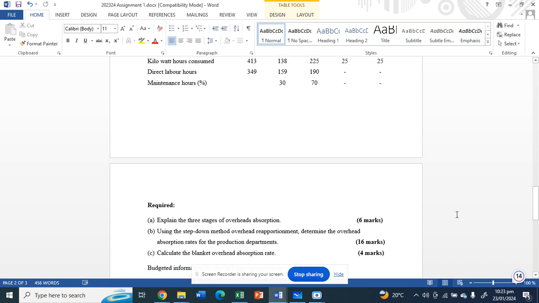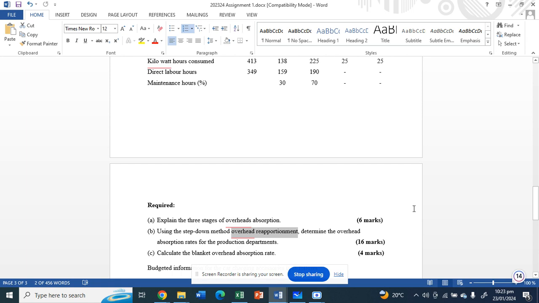So the next question is saying, using the step down method for overhead reapportionment, determine the overhead absorption rates for the production departments. Before we even reach the overhead reapportionment part, first we need to apportion the overheads.